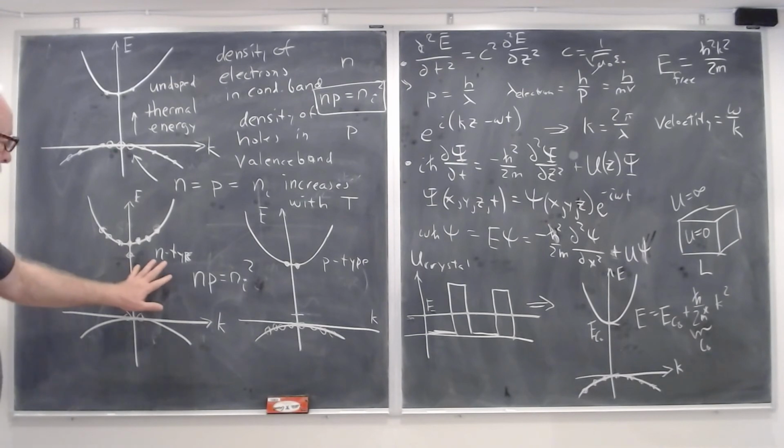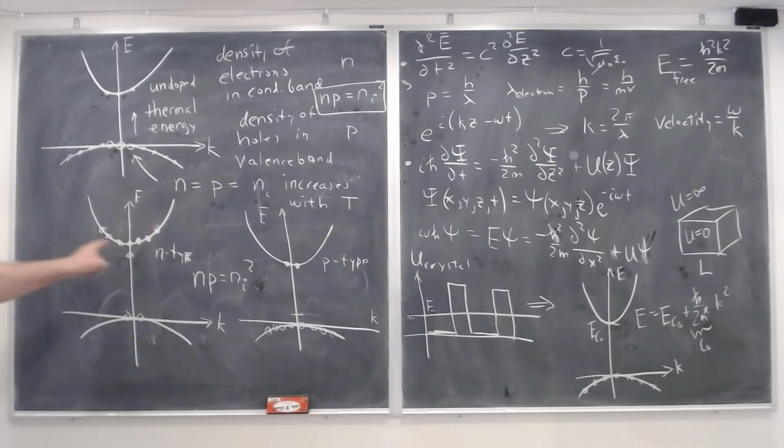And now I'm saying that if I dope it n-type, it leads to a lot more electrons in the conduction band, n is higher. But at the same time, there has to be fewer holes in the valence band. That is, p has to go down.